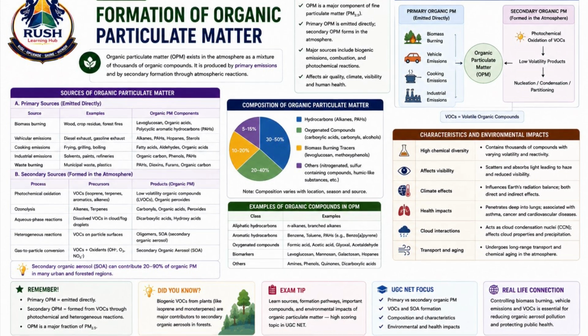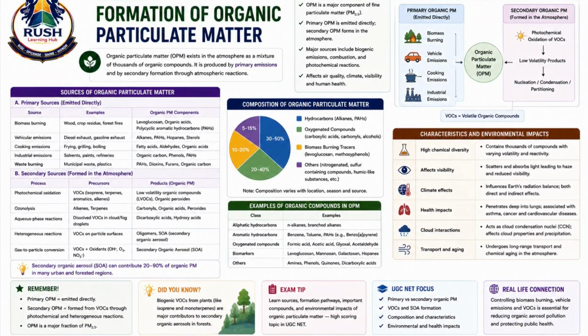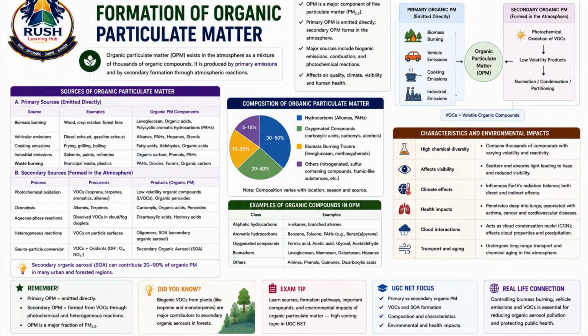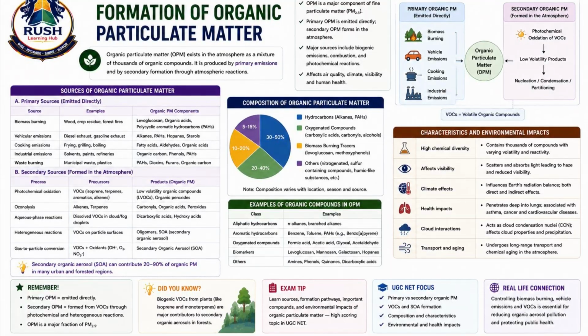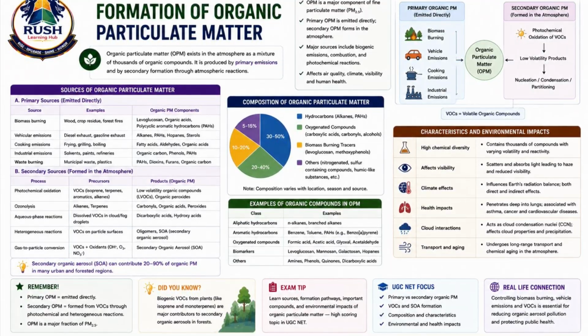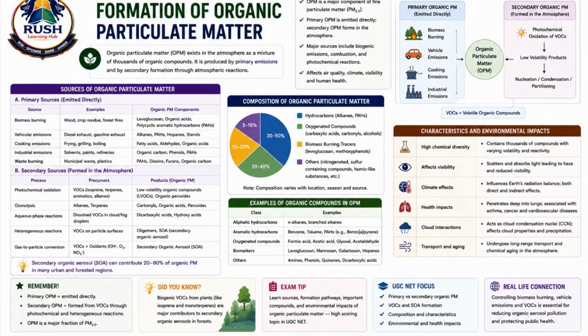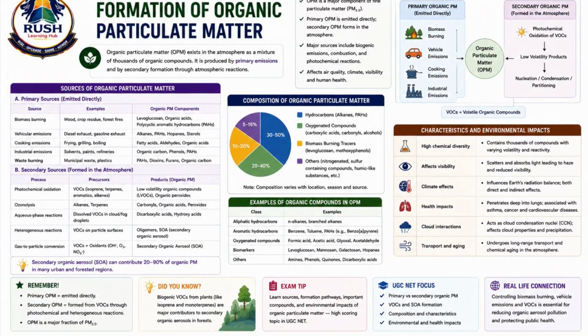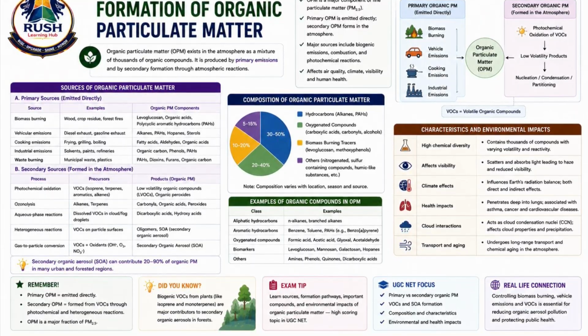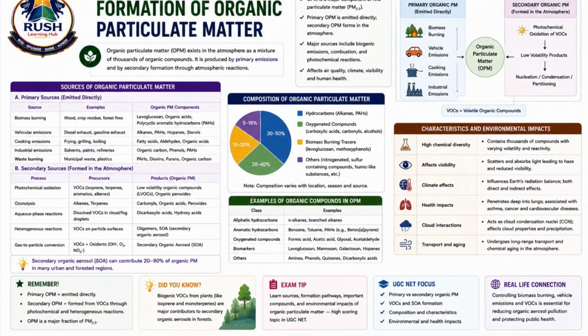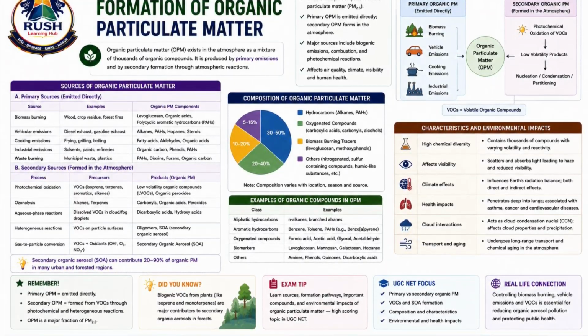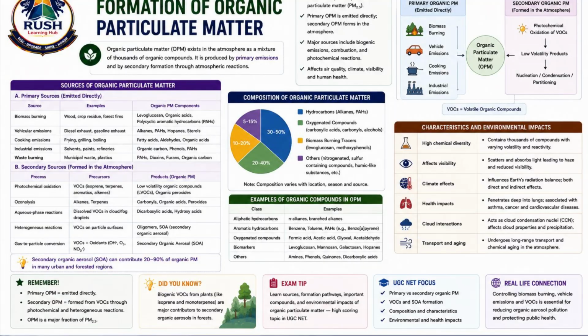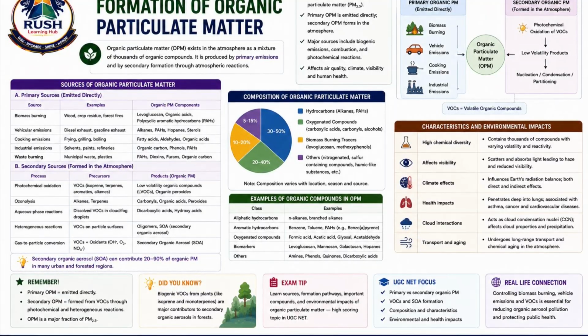In this case, gaseous organic compounds react on the surfaces of existing particles. These reactions lead to the formation of larger and more complex aerosol particles. The fifth mechanism is gas-to-particle conversion. This occurs when gaseous compounds become sufficiently low in volatility to transition into the particulate phase.